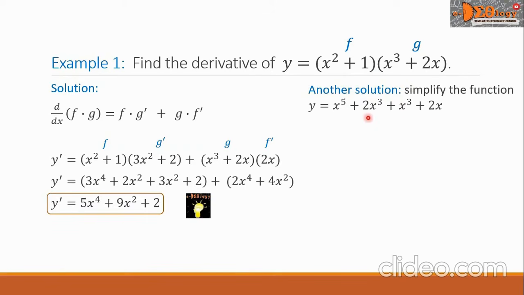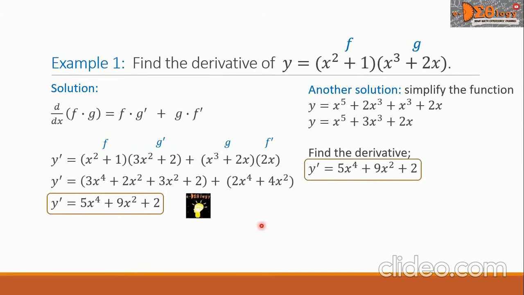We can combine the two terms in the middle, so we have y equals x raised to 5 plus 3x cubed plus 2x. And from here, let us get the derivative. So we have now y prime equals 5x raised to 4 plus 9x squared plus 2. We can see here that our answer is the same as with our product rule formula.